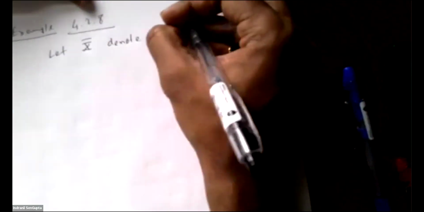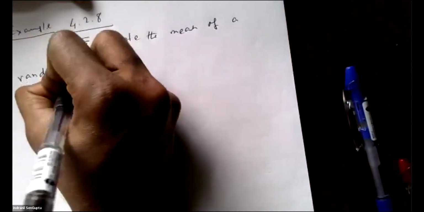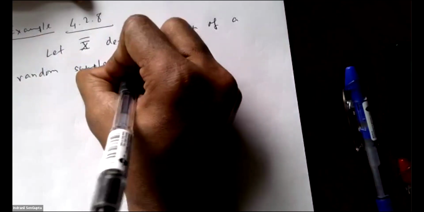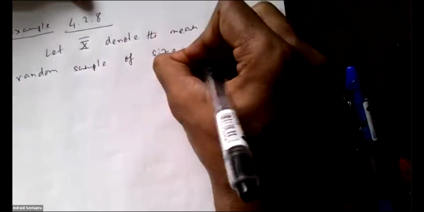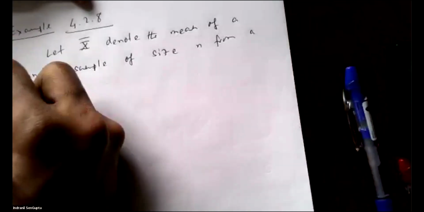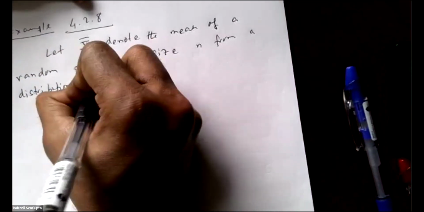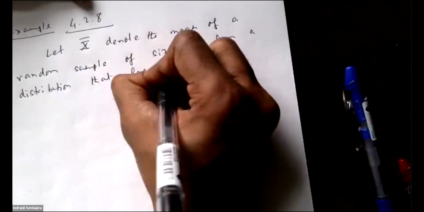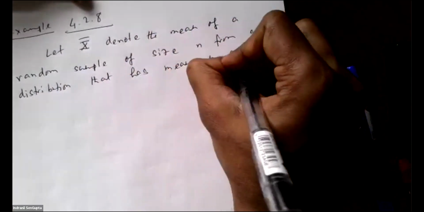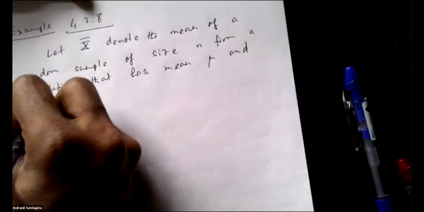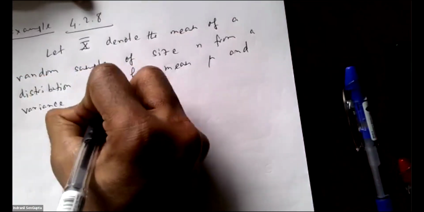Let x bar denote the mean of a random sample of size n from a distribution that has mean mu and variance sigma squared equals 10.